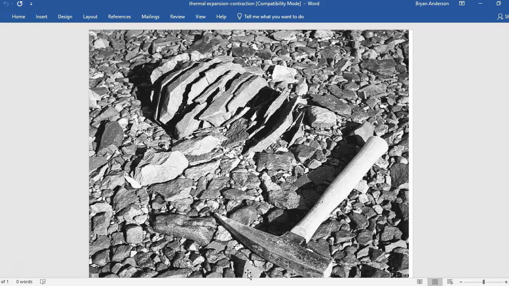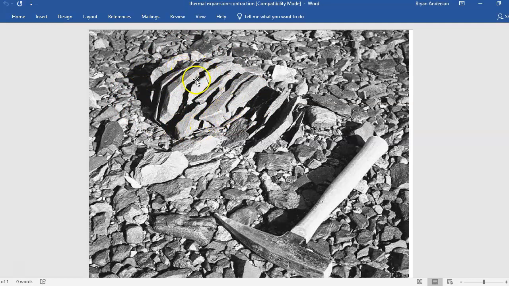And the reason for that is because there's really not much water vapor in the air. There's not much vegetation to hold water vapor, and there's not much relative humidity. So a rock like the one you see here is sitting out on the desert floor during the day and getting heated. As things get heated, they become less dense and expand.